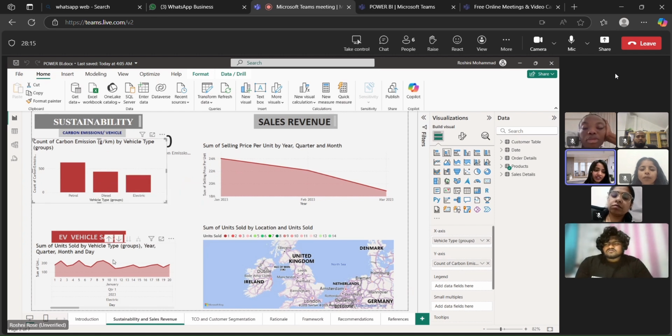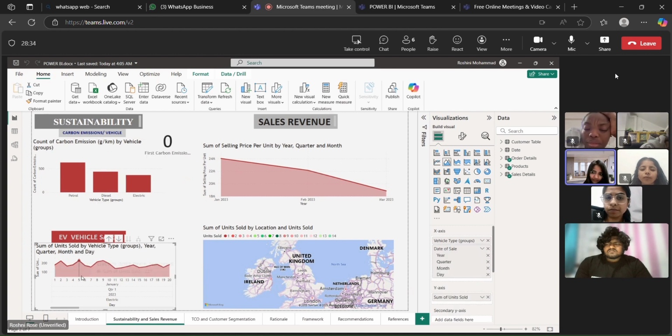Coming to the next visualization. Here we can see EV vehicle sales per year and quarter. In the x-axis, I have taken vehicle group. In the y-axis, I have taken units sold.